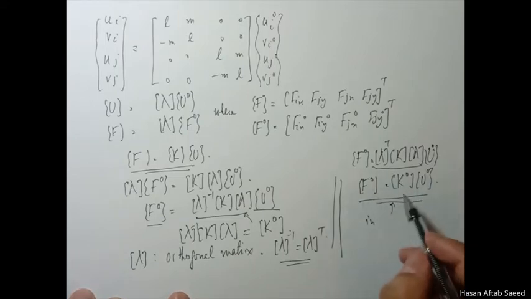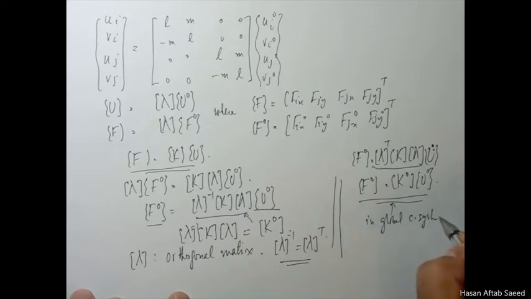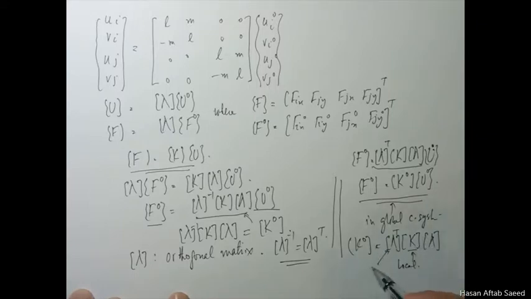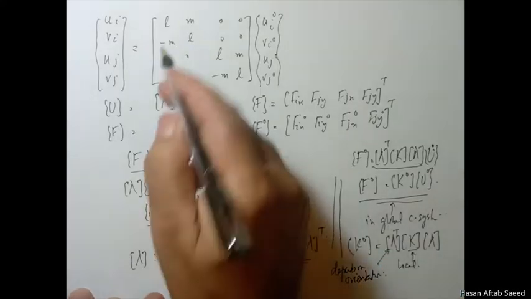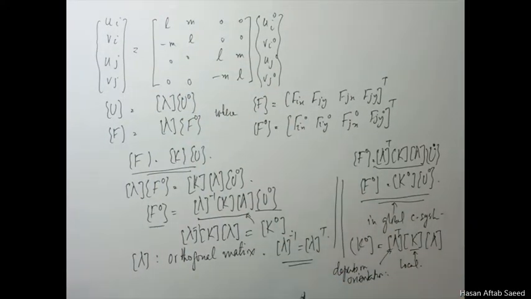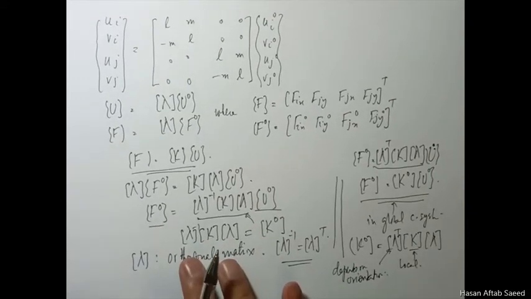This is the FEM equation in the global coordinate system, where K naught, and we have to do it for all the elements, where K naught will be, and this K is in local, and these lambdas will depend on the orientation of the element, because with orientation L and M will change. This is our equation for the transformation.